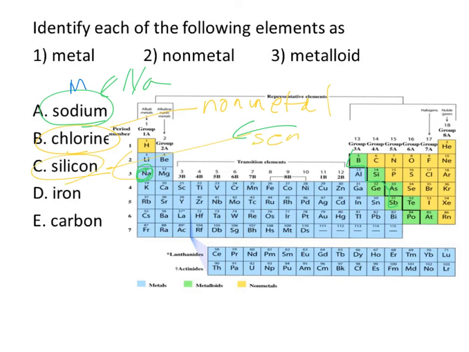Silicon is a metalloid. Then iron, well, that's going to be a metal, and iron has the elemental symbol Fe. It's located right there. So iron's a metal. And then carbon has the elemental symbol C, and you can see it's in orange on the right side of the staircase step line, so it's a nonmetal.